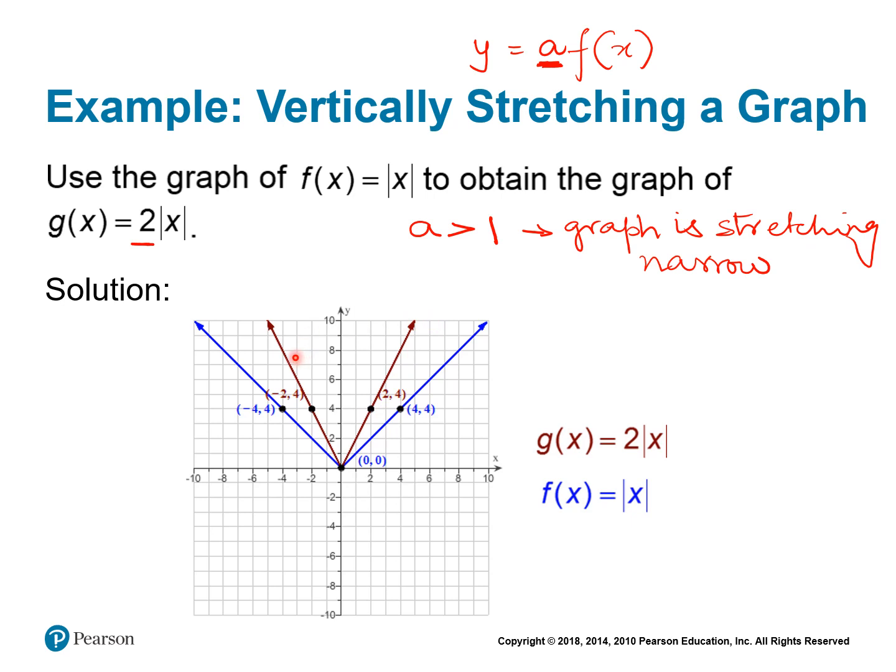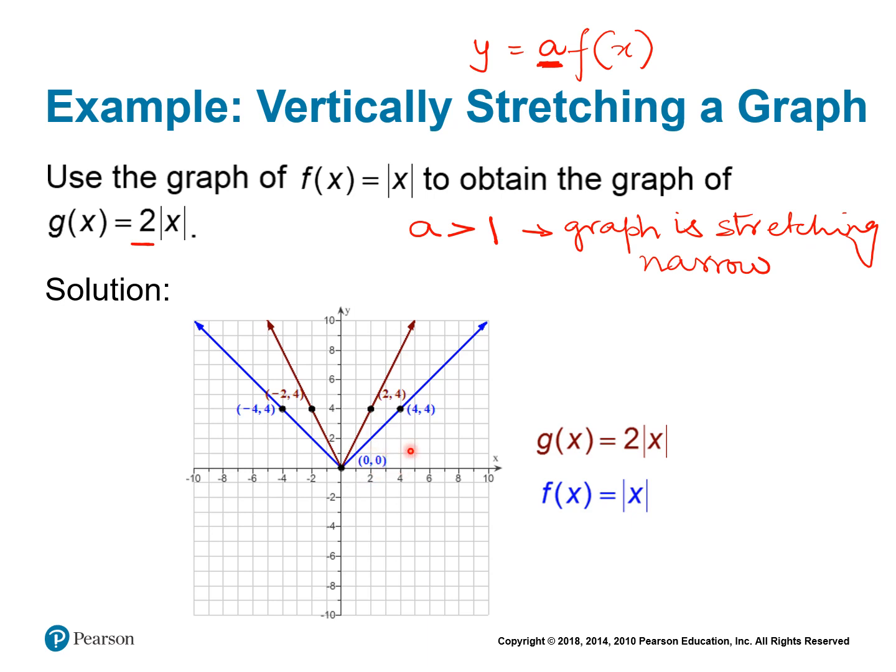And as you will note, the red graph is much narrower than the blue graph. So think about it like this. The blue graph has values of x. When I'm just looking at the blue graph, when x is 2, y is 2.